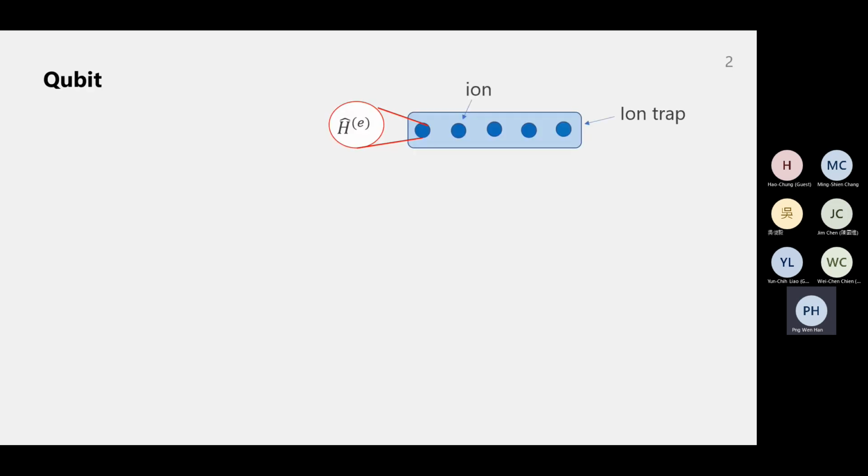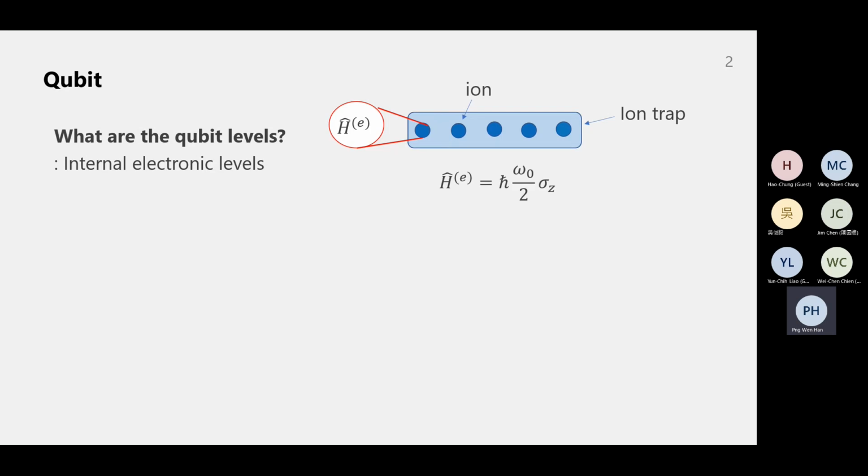Now let's talk about the qubits. In an ion system, each ion can represent a physical qubit, and the qubit levels correspond to their internal electronic levels. The Hamiltonian looks like this, where sigma represents the basis of the internal electronic levels.